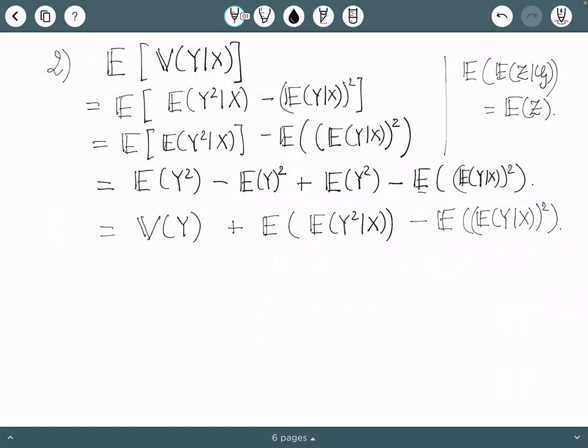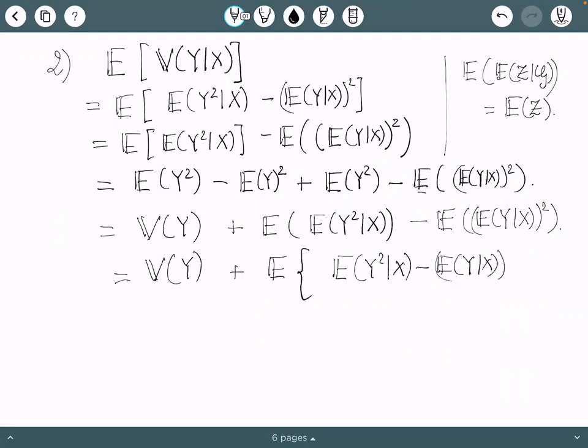It is the variance of y plus the expectation of the expectation of y squared given x minus the expectation of y given x squared. But this is precisely the conditional variance of y given x by definition. And so it proves the second claim. The expectation of the conditional variance is the usual variance plus the expectation of the conditional variance.